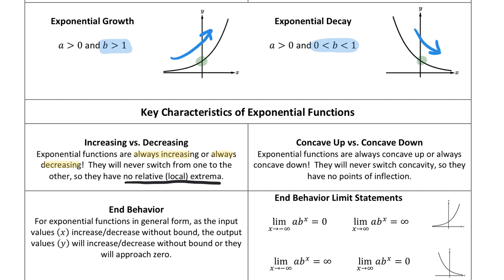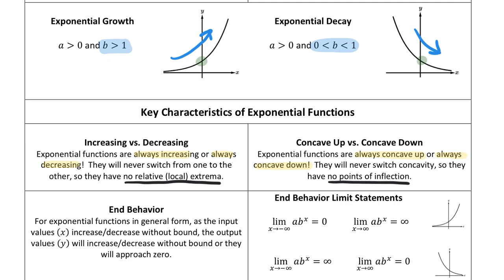Also, if you look at those shapes and we were to make our concavity hands, you would only use one shape, either concave up or concave down the entire time, which means that exponential functions are always concave up or always concave down, and they never switch concavity. That tells us that exponential functions have no points of inflection. So we know what the shapes look like. We just need to be able to describe them using the precalculus terminology of increasing, decreasing, concave up, and concave down.